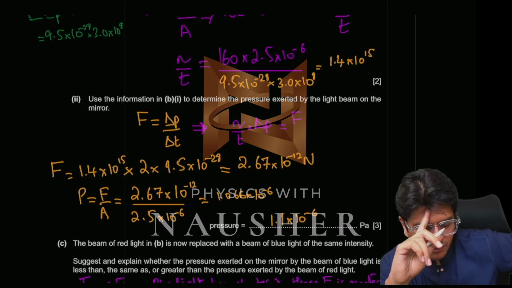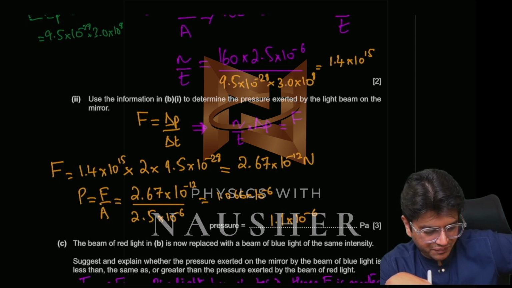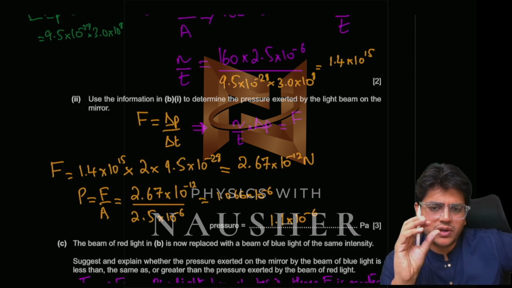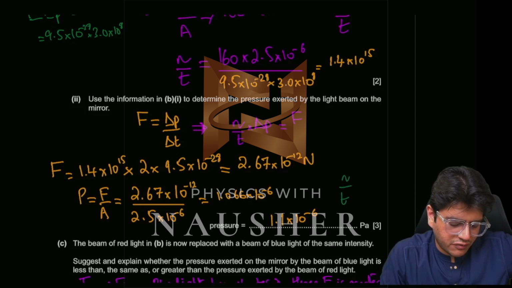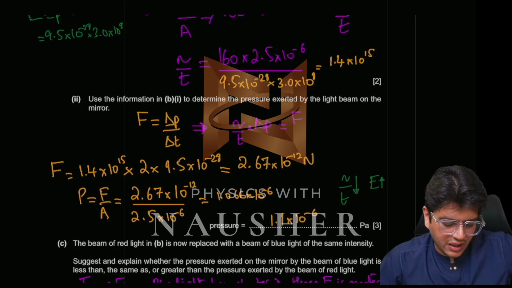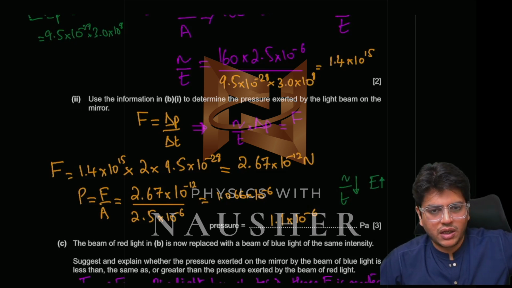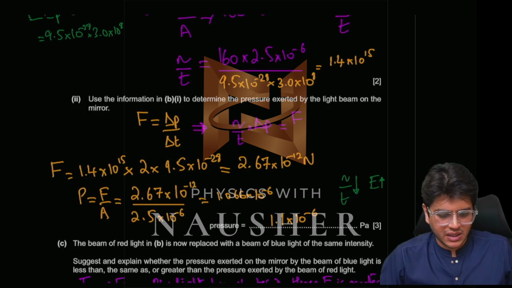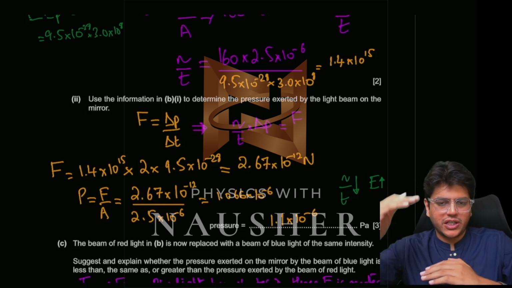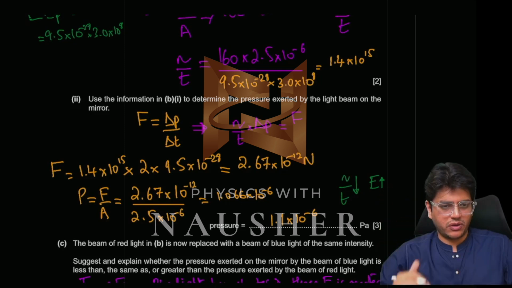Now, when you think of this, the number of photons striking are less. The number of photons per unit time striking are less. The energy content is more. So should the pressure change or should it remain the same? The pressure should remain the same because your energy is more, but you've got a fewer number of photons. It's just like this.